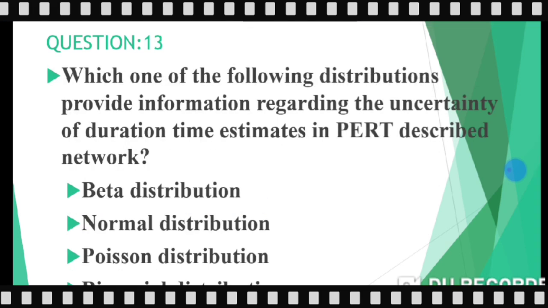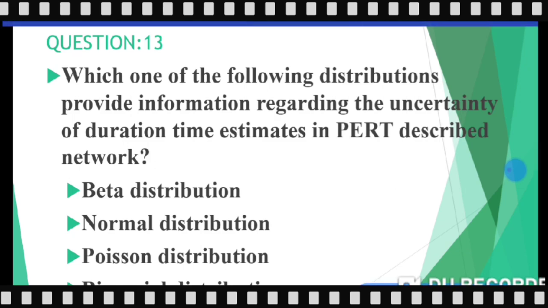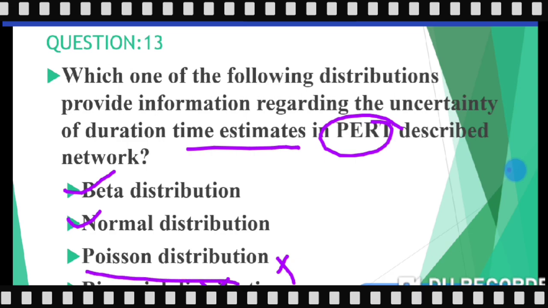In this question: which one of the following distributions provides information regarding the uncertainty of duration time estimates in a PERT described network? Please read this question carefully. It is also talking about the time estimates of PERT. So its answer will be beta or normal.